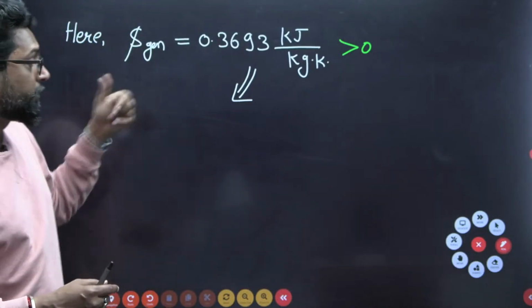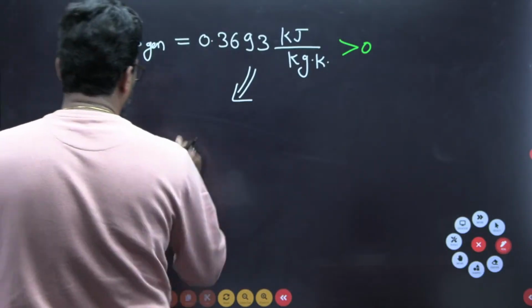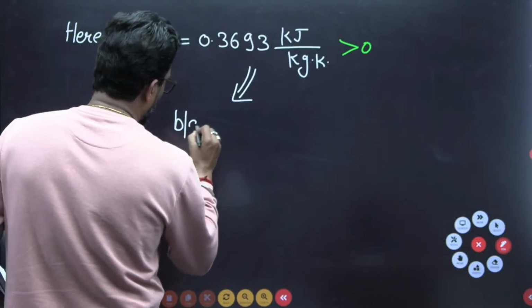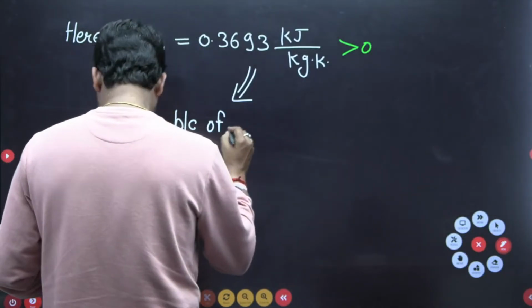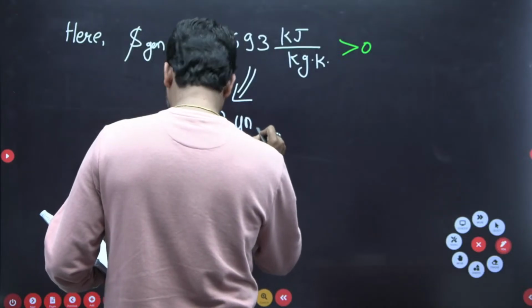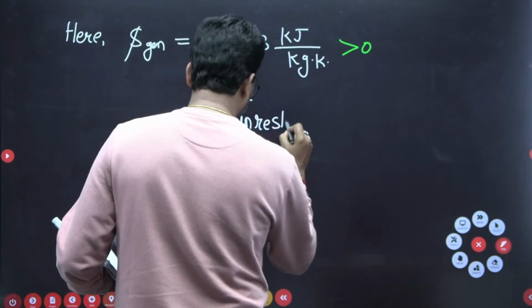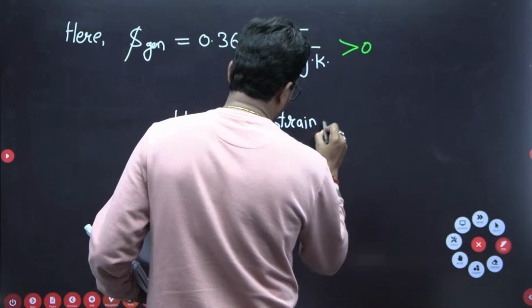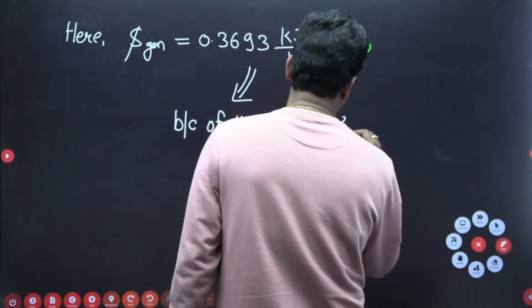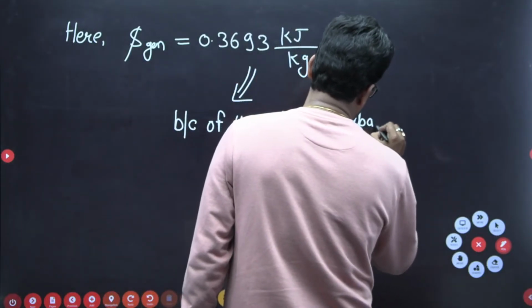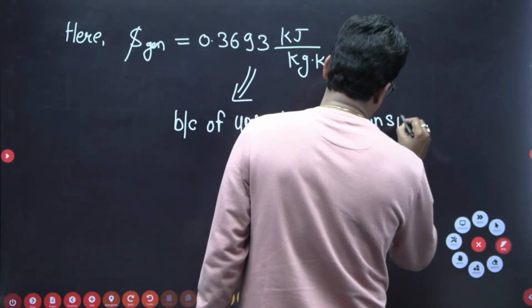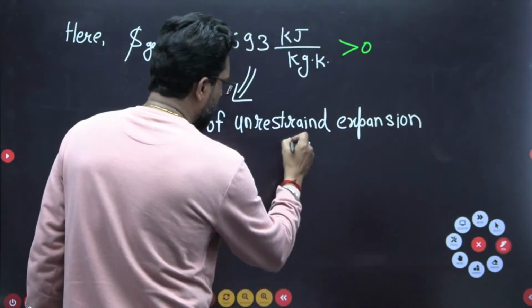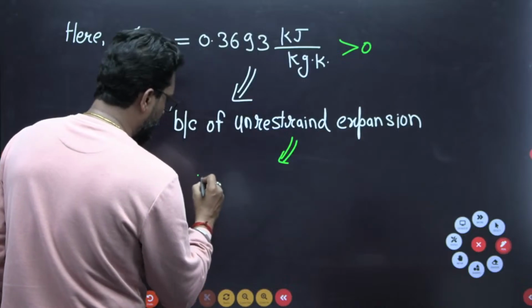So what is the cause of entropy generation? This is because of unrestrained expansion. And what is unrestrained expansion?